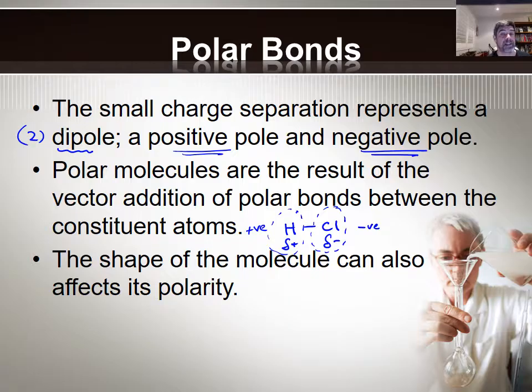This is not always the case, as sometimes the way that the electrons are distributed around particularly a central atom can result in charges being cancelled out, and as a consequence there is no overall polarity despite the presence of polar bonds. So just as you go through this video, be very clear about the difference between a polar bond and a polar molecule.